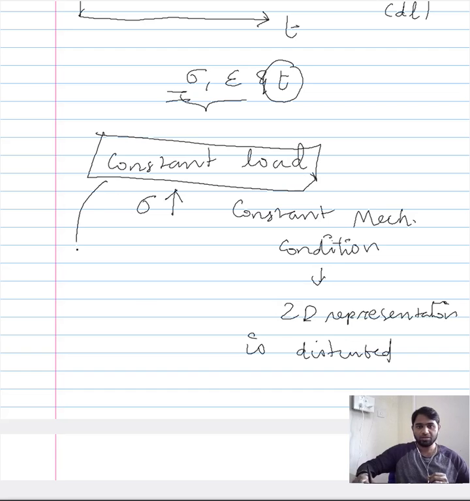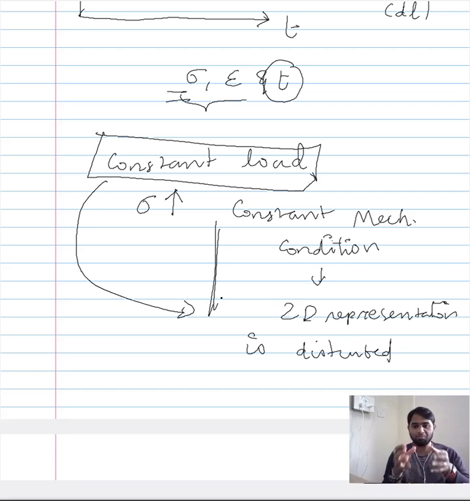When I have an experimental setup wherein the mechanical condition I'm imposing is entirely based on load, and I plot the results in two dimensions, it is rather inaccurate, because as the cross-sectional area of the sample decreases, it means that the stress correspondingly increases.